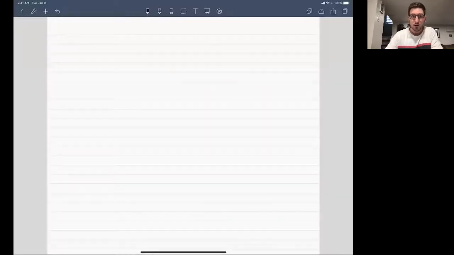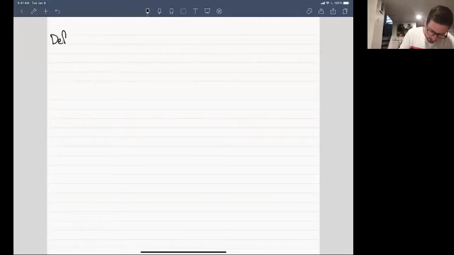So what we're going to talk about today are bounded and monotonic sequences. Let's start with the definition. What does it mean for sequences to be bounded or monotonic? Let's start with boundedness.